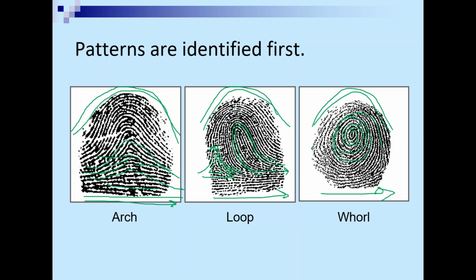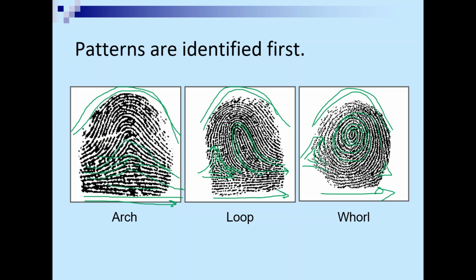The end result is you actually end up having 2 deltas. One here for the circle around, straight across, and up and over, and another delta over here as well. So if you're unsure whether it's an arch, loop, or whorl, you can also look for those deltas. If you have 1 delta, you know it's a loop. If you have 2, it's a whorl.